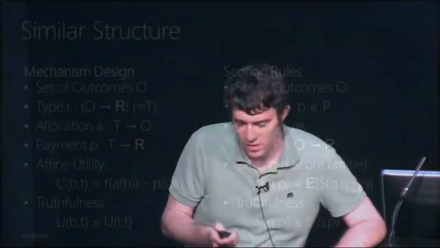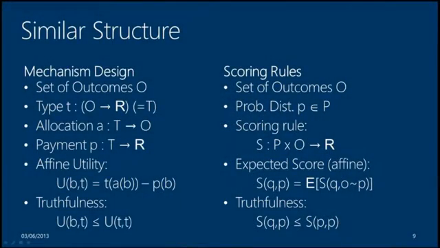All right, so so far we've seen two different domains where we care about some notion of truthfulness. We've seen two different characterization theorems that were proved entirely separately. But they have quite a bit in common.